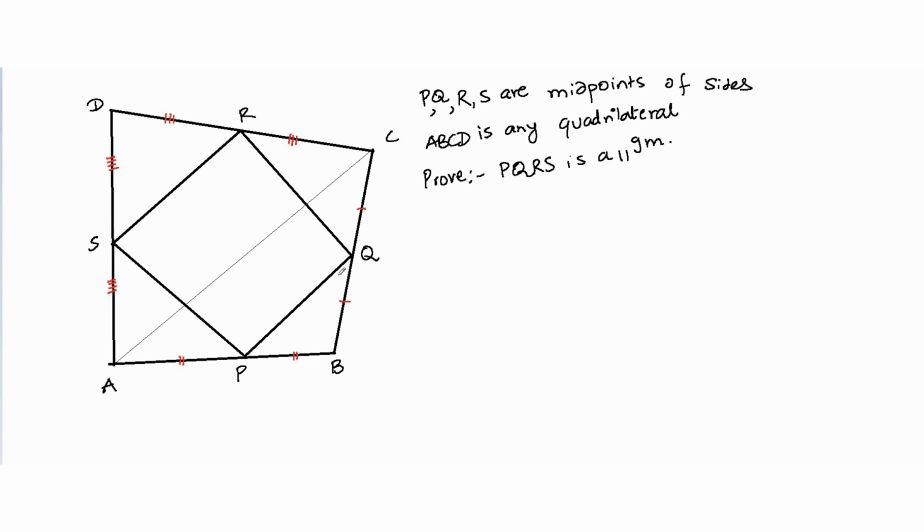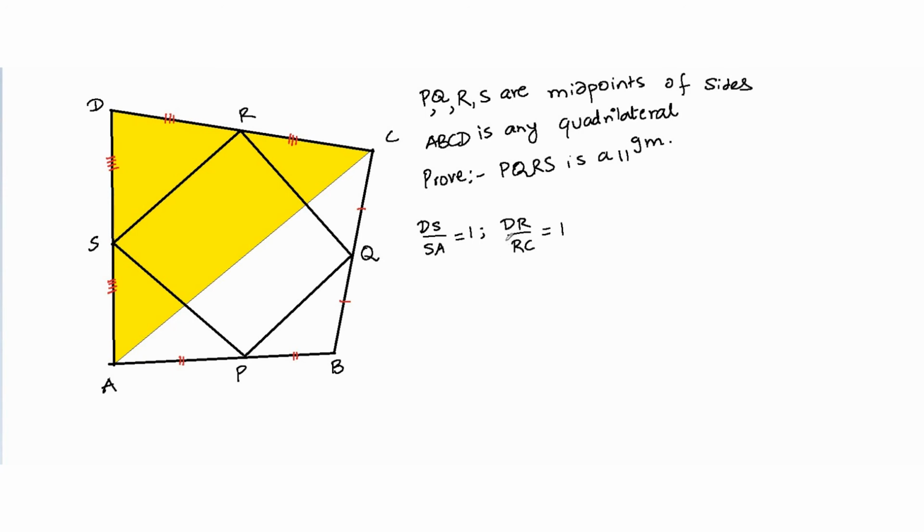So I am thinking of how to apply BPT, or the converse of BPT, to solve this question. I have joined the diagonal AC. Now, is it possible to apply the converse of BPT in this triangle? I know that DS upon SA is equal to 1, and similarly DR upon RC is also equal to 1.